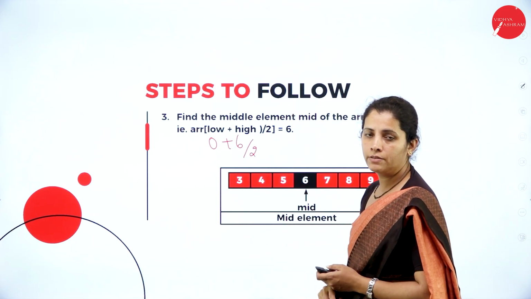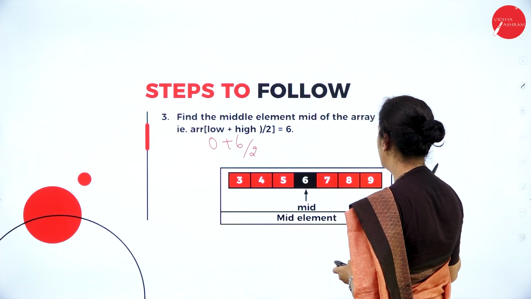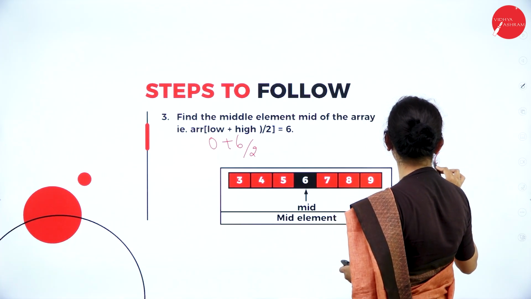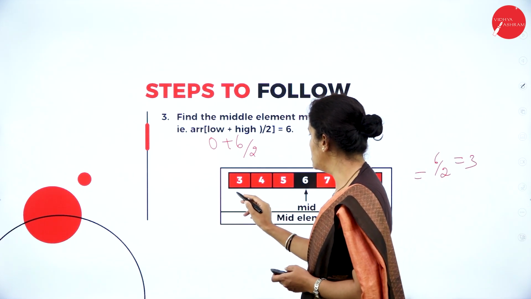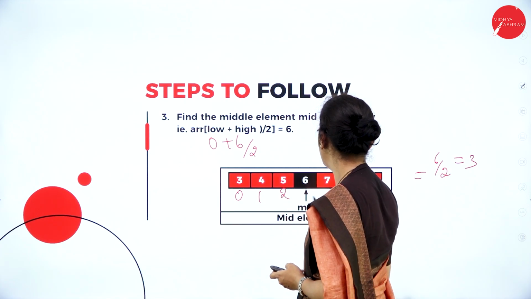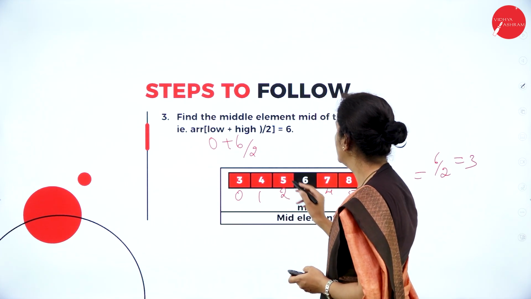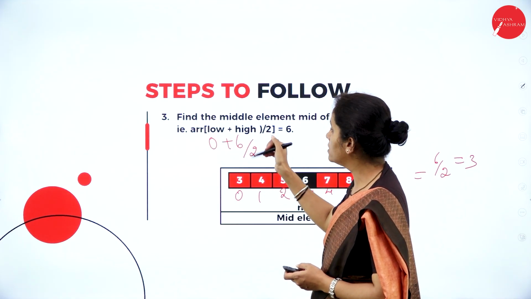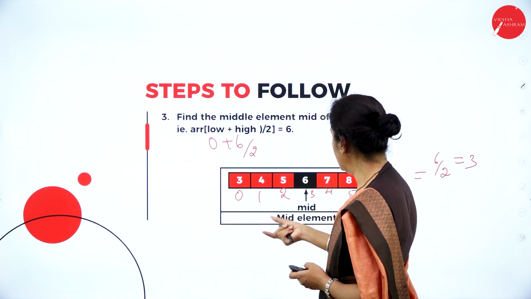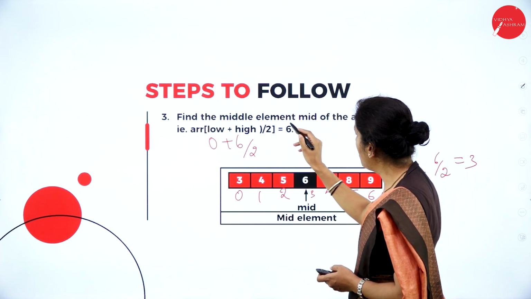What I'm getting is 6 by 2, which is 3. So positions 0, 1, 2, 3, 4, 5 and 6. So the array element at position 3 has the value 6.